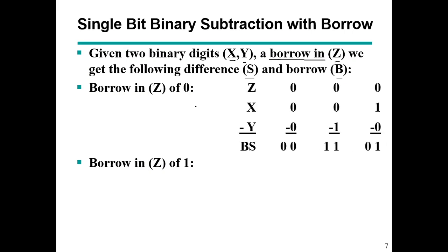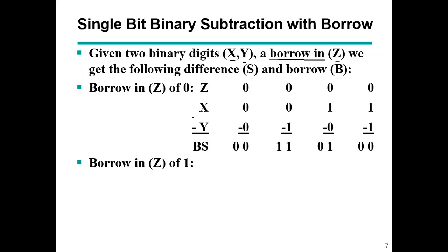So let us look at all the possibilities. Here we assume that the borrow in, z, is 0 in the first case, and in the second one we assume that it is 1. We are going to calculate x minus y, but there might have been a previous borrow from this position.